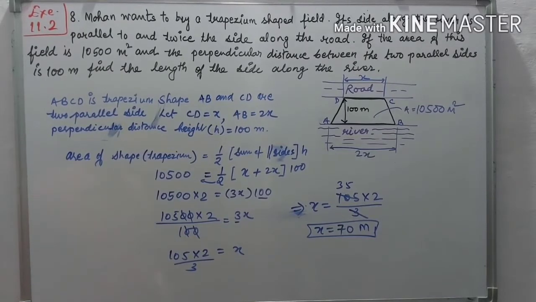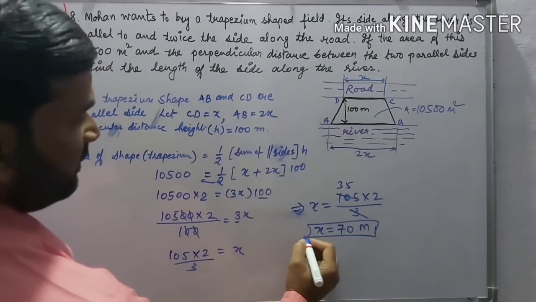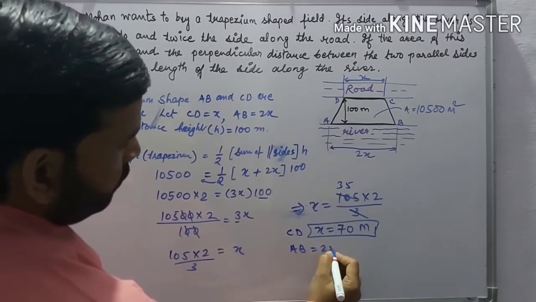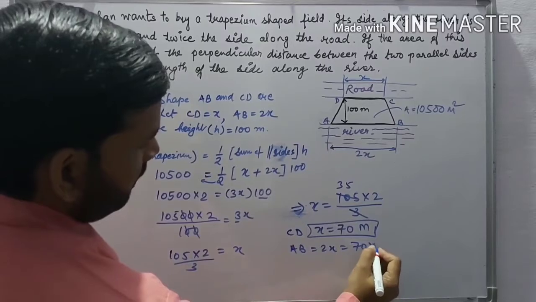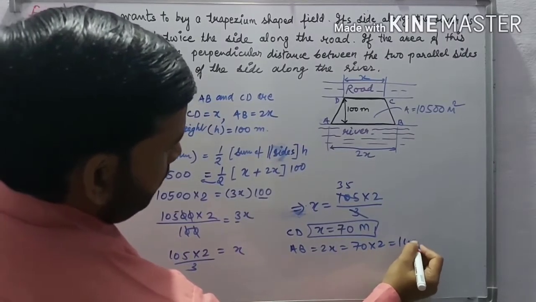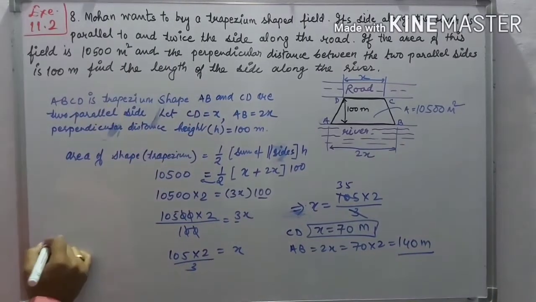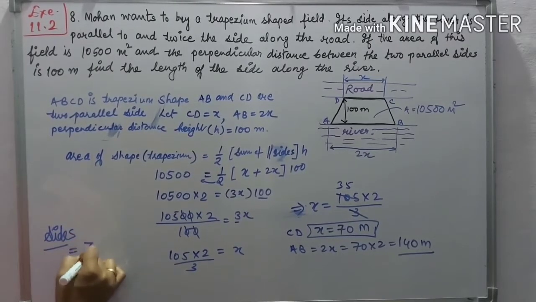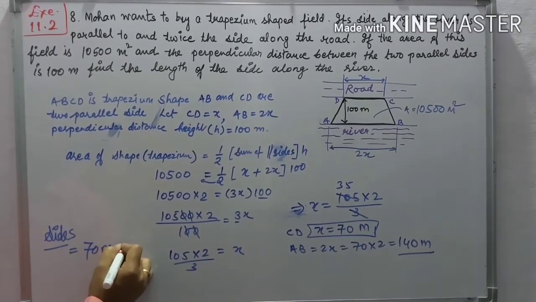Okay, and second, this is the value of CD, and AB is equal to 2x, means 70 into 2 is equal to 140 meter. Means the sides are 70 meter and 140 meter.